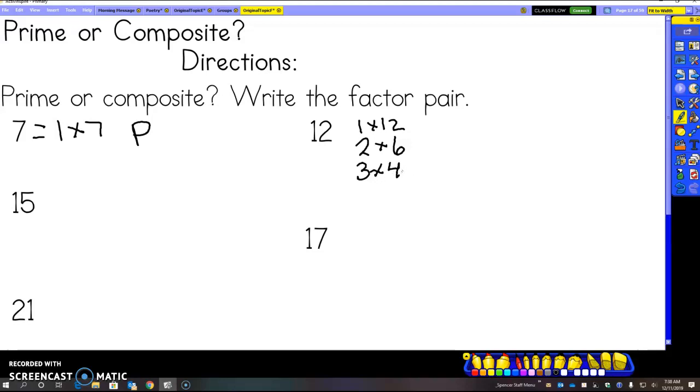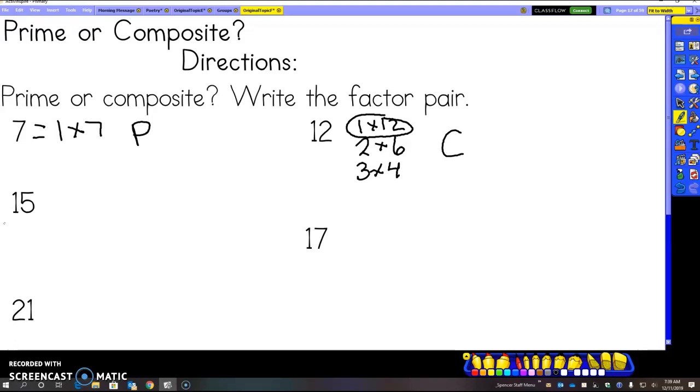If I keep going, I already used 4, 5 and 6 I already have, 7 does not go into 12. 12 does not divide by 7, 8, 9, 10. Alright, and we've gotten up to 12 again. So these are my 3 factor pairs, but it only takes more than one factor pair to make it composite. Okay, so if a number has more than just this 1 times itself, it's composite.